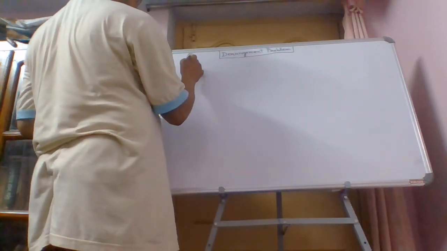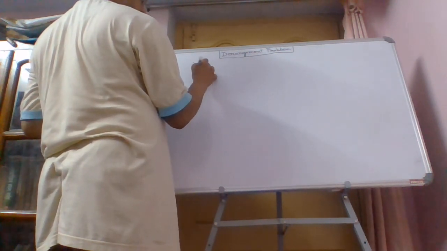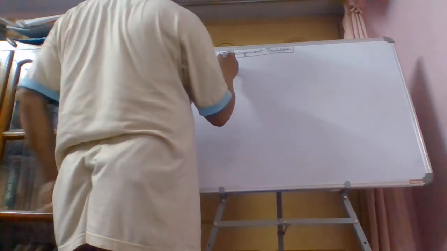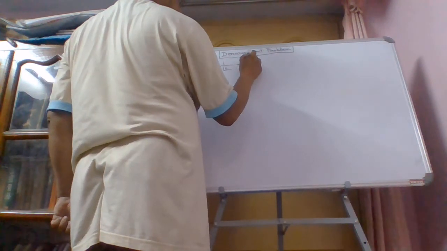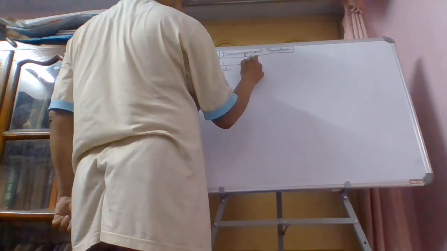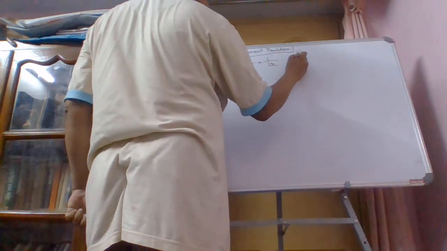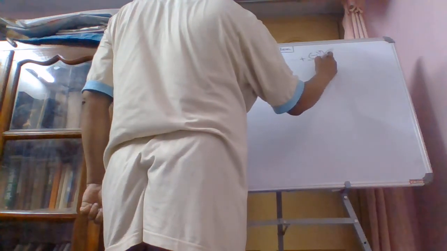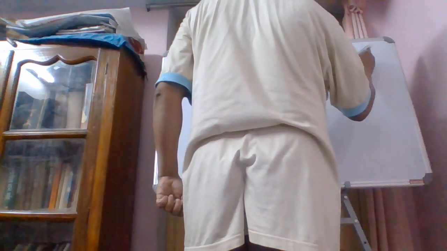Therefore, we can write dn by n factorial is equal to 1 by 2 factorial minus 1 by 3 factorial plus 1 by 4 factorial minus dot dot dot, plus minus 1 to the power n by n factorial, and this relation must be true for all n greater or equal to 2.